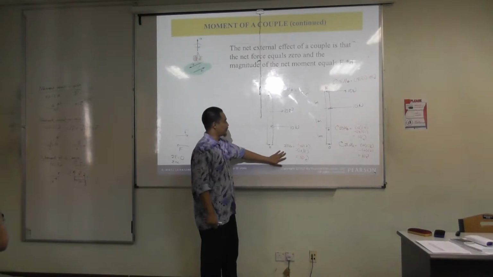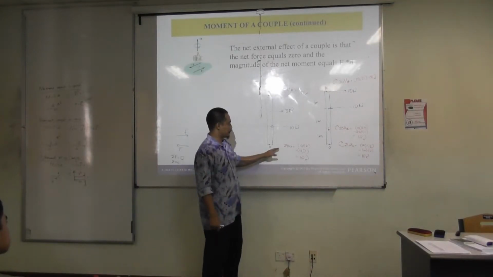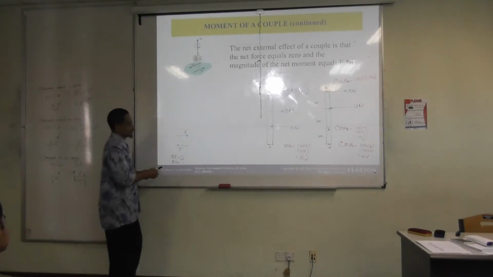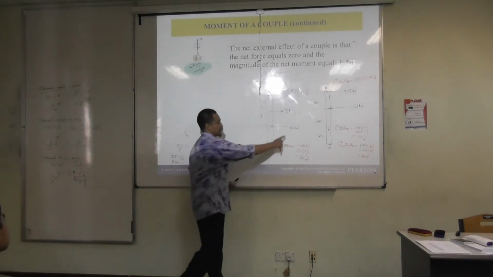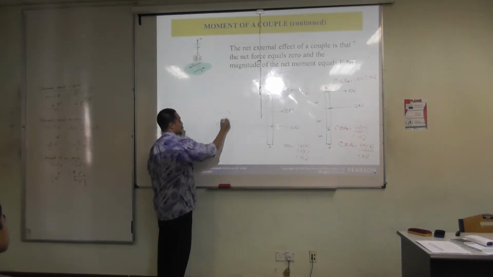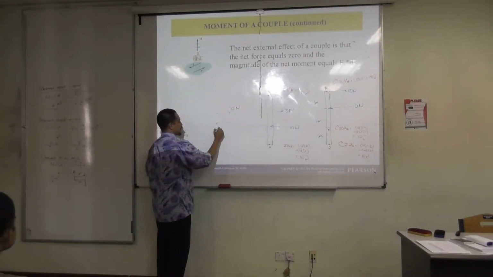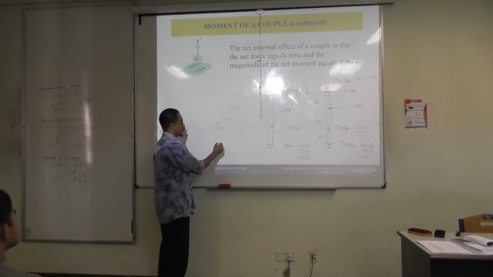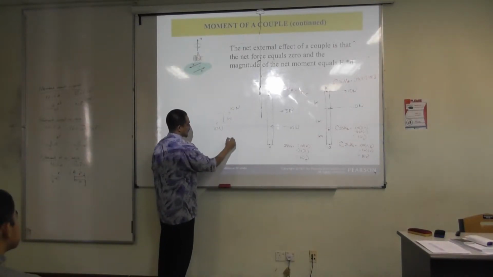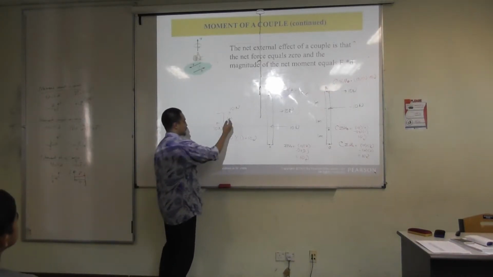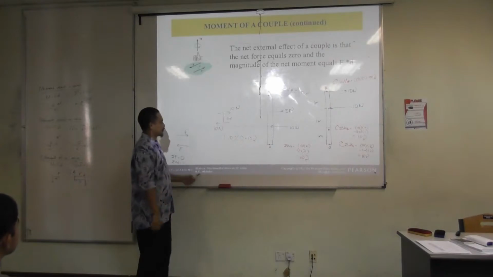But knowing that the effect is the same about any point at all, then we come to this equation. The value here depends just on the force, 10 Newton, and the distance of 1 meter, so 10 times 1 becomes 10 clockwise. The effect is always 10 clockwise.